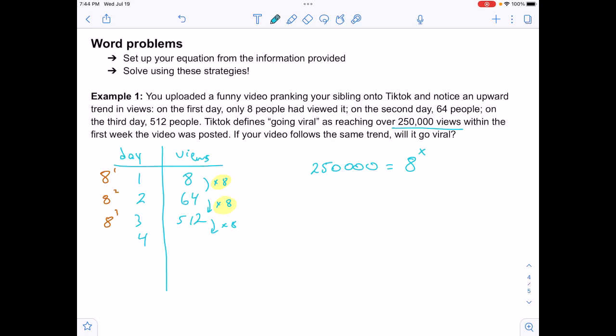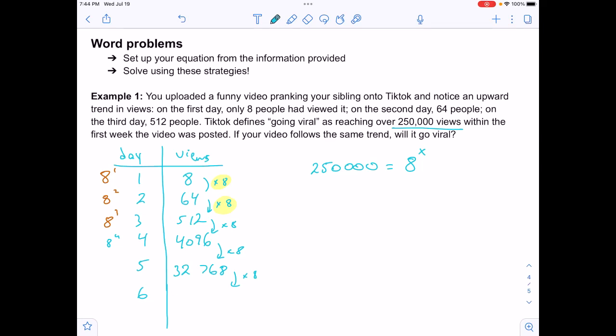512 times 8 is 4,096. So that is 8 to the power of 4. On day 5, we're going to multiply by 8 again, and get 32,768. On the 6th day, we're multiplying by 8 again.